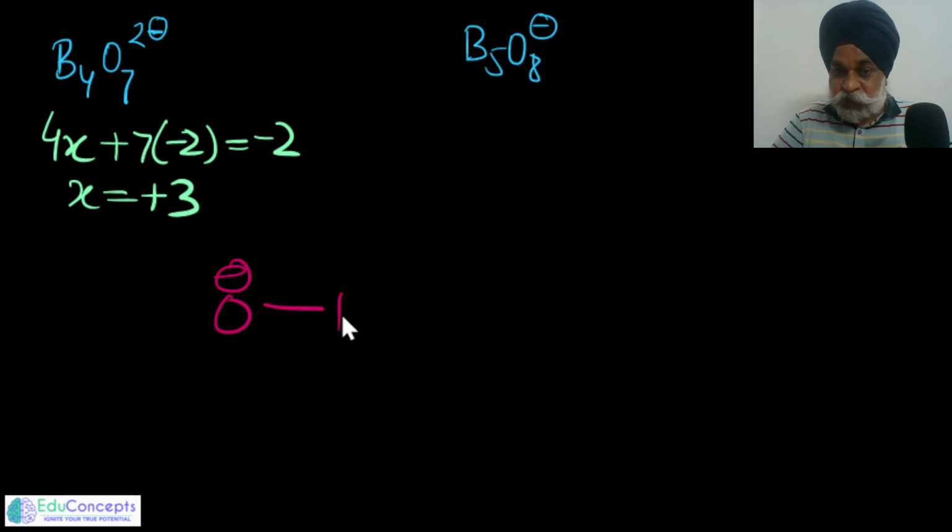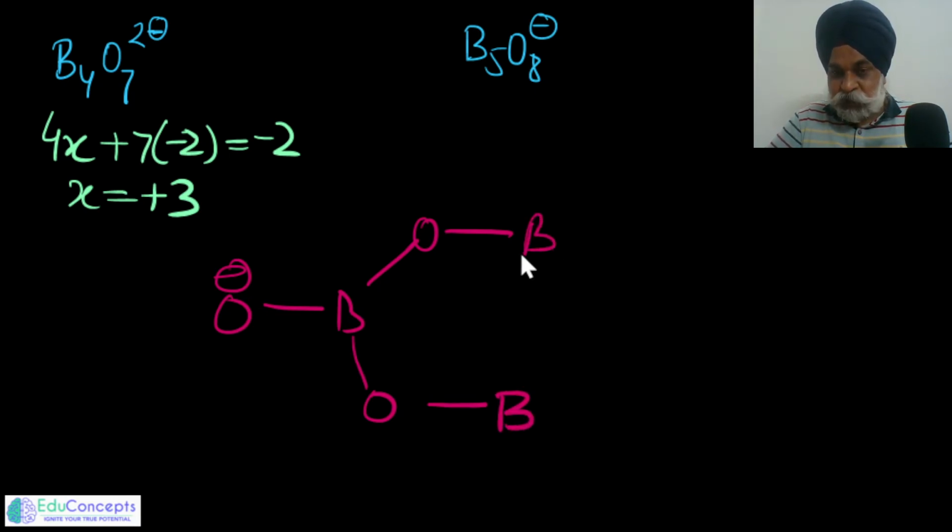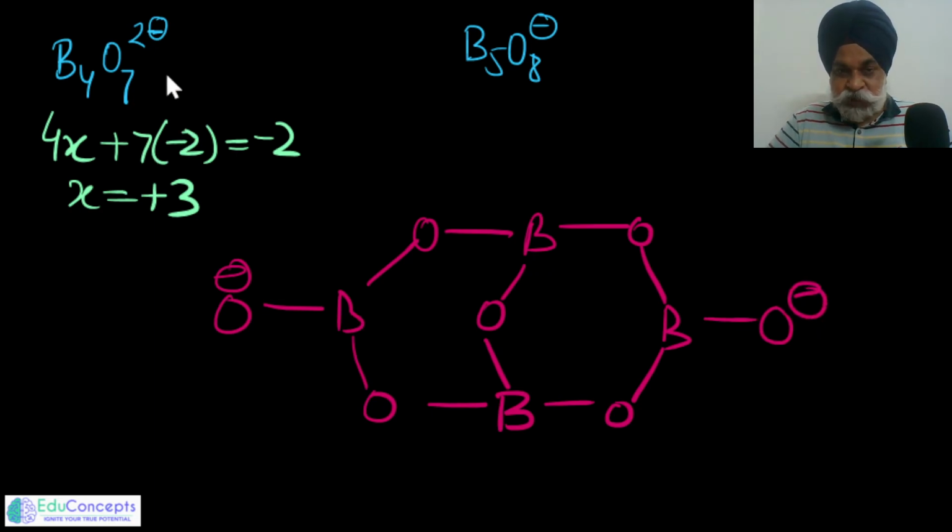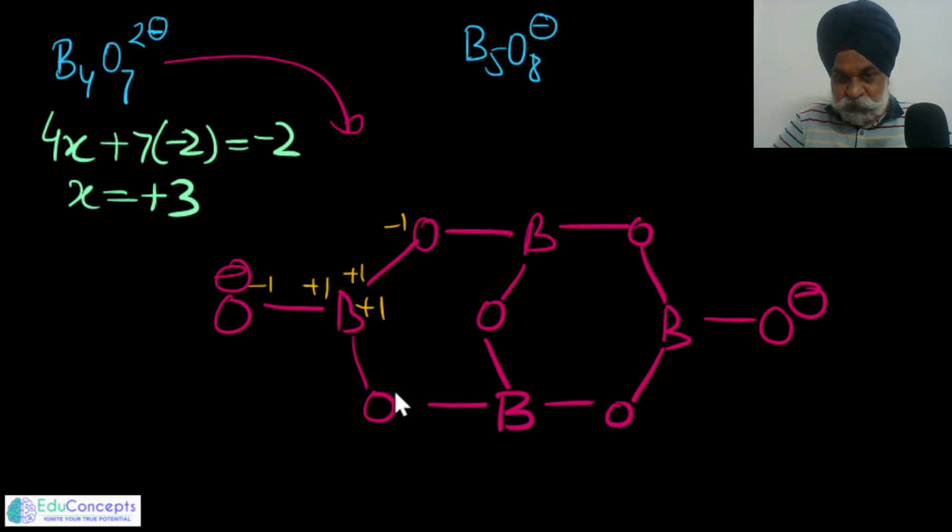For the structure, you can refer to the video which I made for the borates or boron family. There are many videos I have done on this, so you can go through that. In this particular structure of this anion, what I am able to see is that around boron, this is +1, -1, +1, -1, +1, -1.